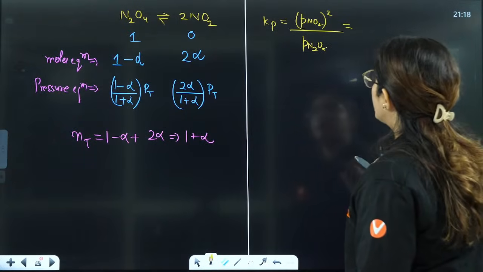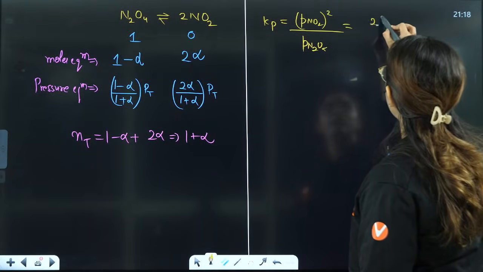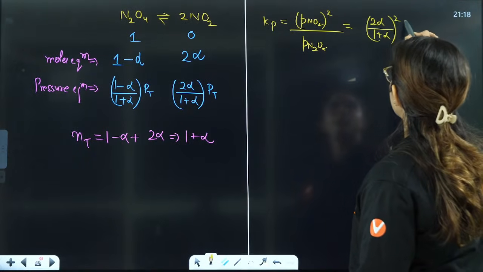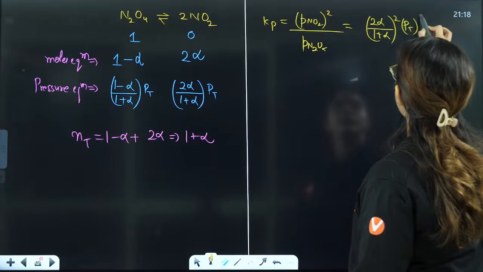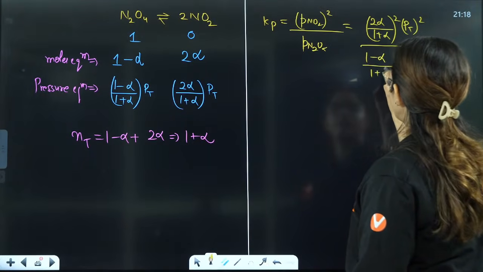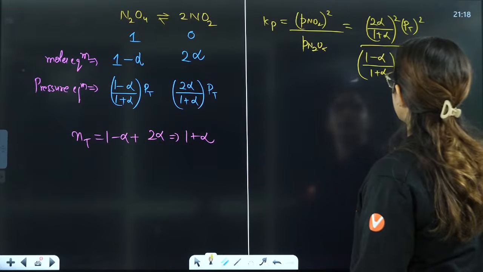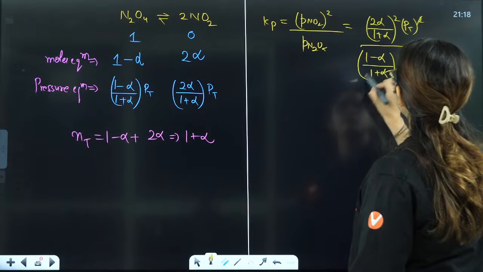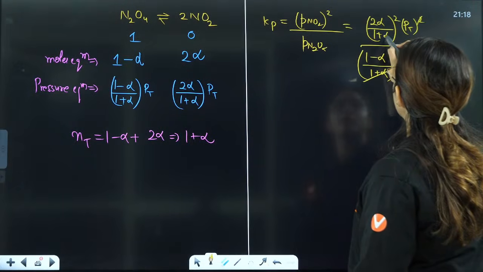Pressure of this is going to be 2 alpha by 1 plus alpha whole square, this is PT square, divided by 1 minus alpha by 1 plus alpha, this is PT, right? PT will cancel.